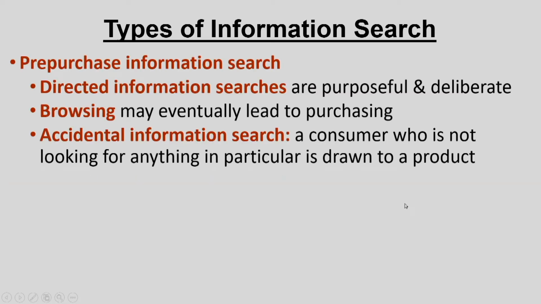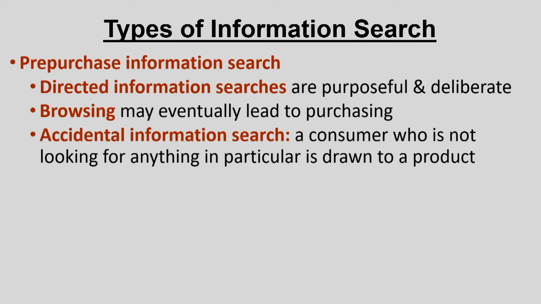So, types of information search which the consumer goes through. There are several types of information search which the consumer can actually go through in the market. The first of these is called the pre-purchase information search.